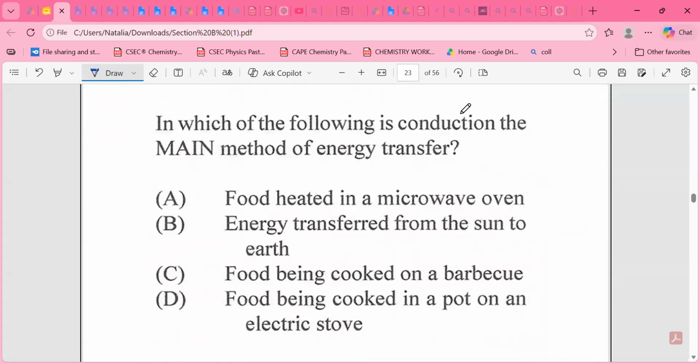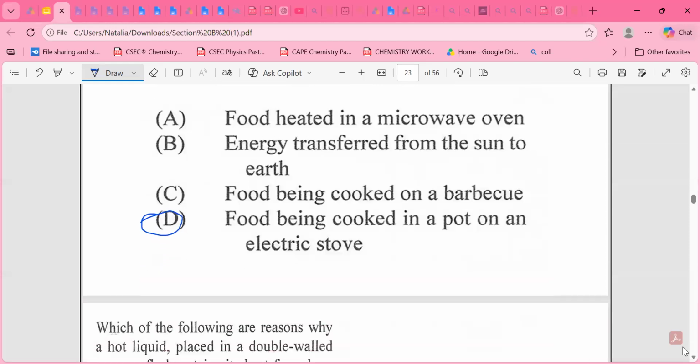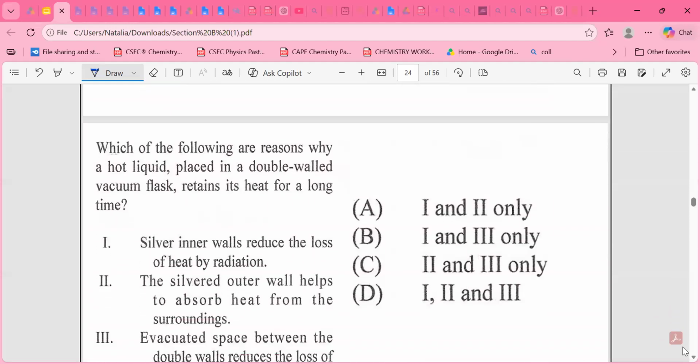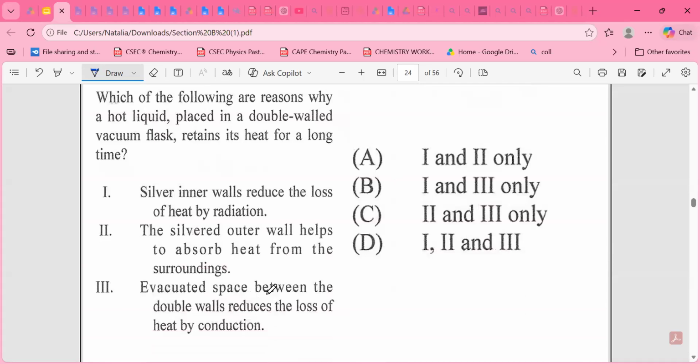In which of the following is conduction the main method of energy transfer? D. What's the answer?